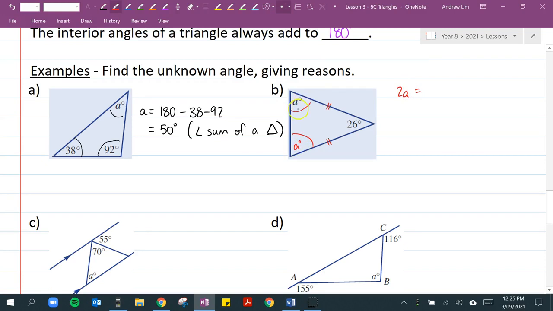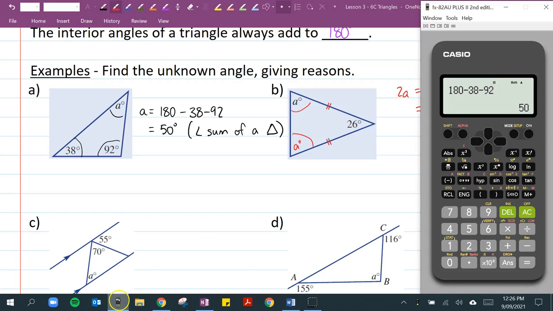We know that 2A plus 26 will add to 180, so I'm going to start with 180. I'm going to minus what we do know. We know that there's a 26 there. So let's put that in our calculator and see what we get. 154 degrees.